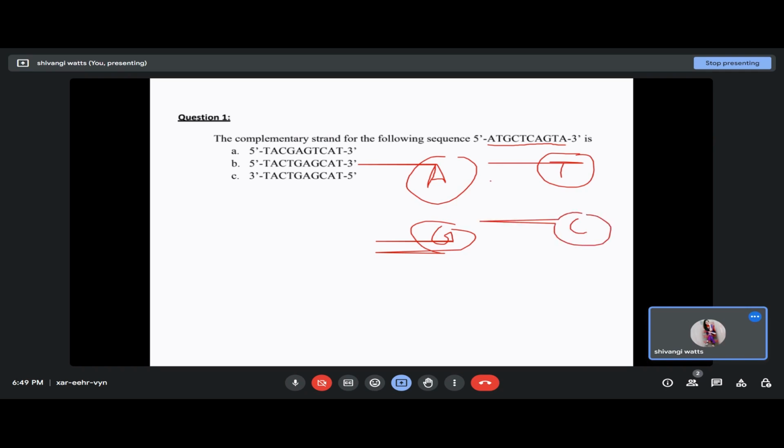A will bind to thymine, whereas G binds to cytosine. So here it will come as T, A, C, G, A, G, T, C, A, T.